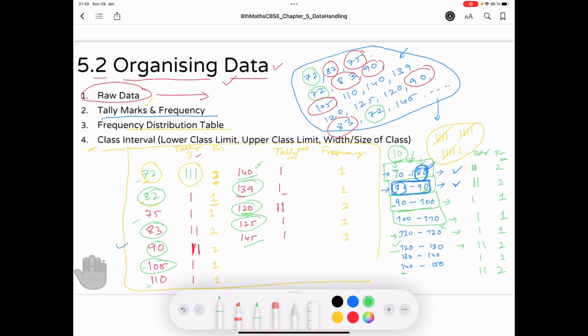Lower class limit is 70, upper class limit is 80 for this class, and the width or size of the class is 10, because the difference between 80 and 70 is 10. For the next class, lower class limit is 80, upper class limit is 90, and the width remains the same, which is 10.